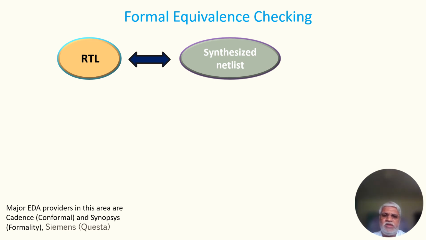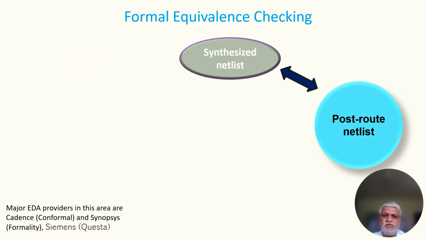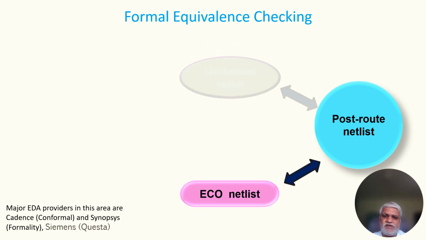Then it will be translated into a post-route netlist. Of course, pre-route netlists and other such things exist, but I'm directly taking the synthesized netlist being translated into the post-route netlist, which is further translated into an ECO netlist, engineering change order netlist, when any modifications need to be done.